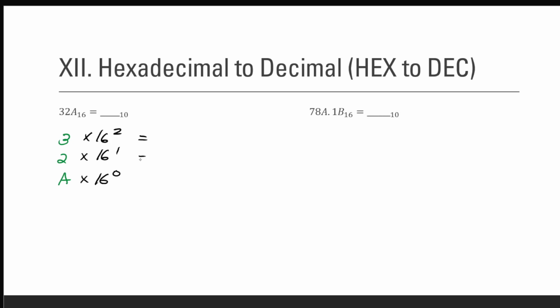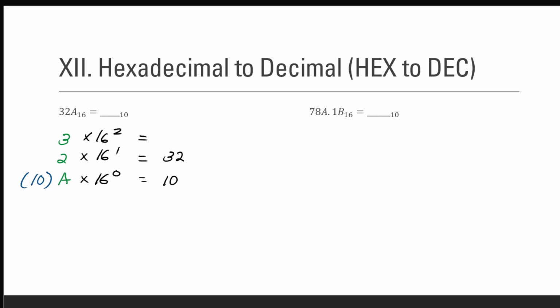So we have, therefore, 16 raised to 0 is 1, times A, 10. Alam naman natin yan yung conversion niya. So we have 10 times 1, that is 10. 16 raised to 1 is 16 times 2 is 32. Then we have 16 squared, that is 256.